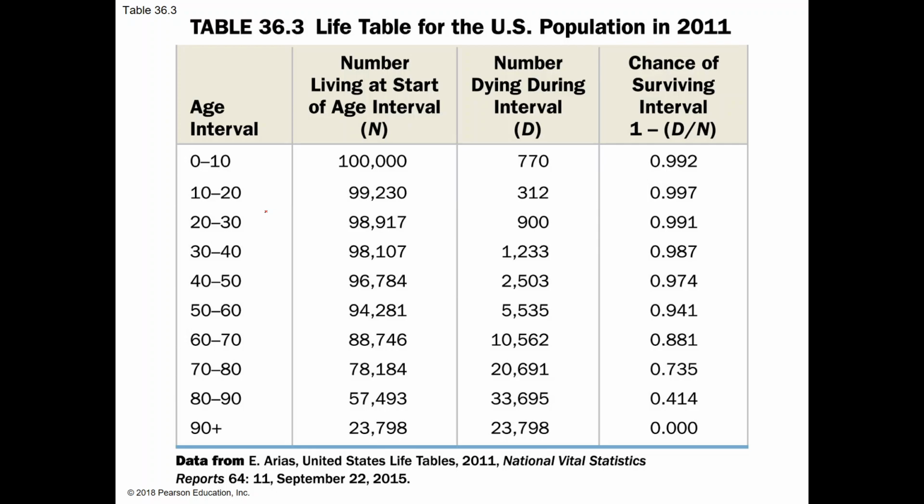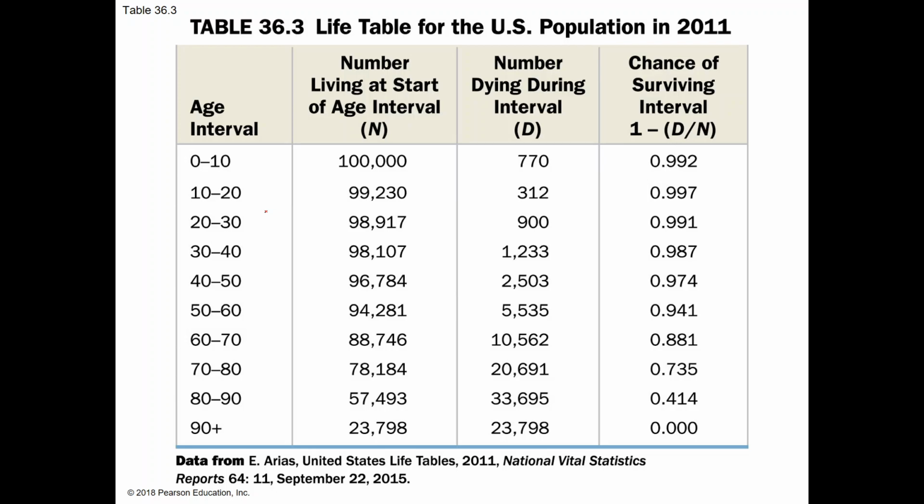Tables meaning it's information that's laid out in columns and rows that show numbers. That's what we refer to as a data table. And curves and graphs are displayed more with lines and bars and things like that. So this is a data table, and this tracks survivorship.